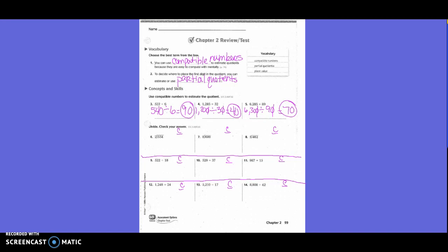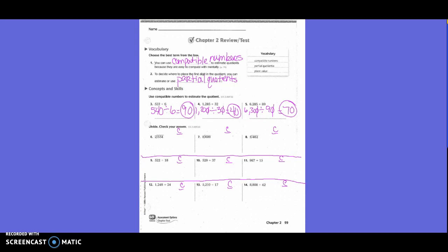Okay, so those are pretty standard, right? You can put them in your houses if you need to. For the first ones, they already did that, but the next ones, they didn't. So you'll have to do that yourself. And remember, C means what? Check.